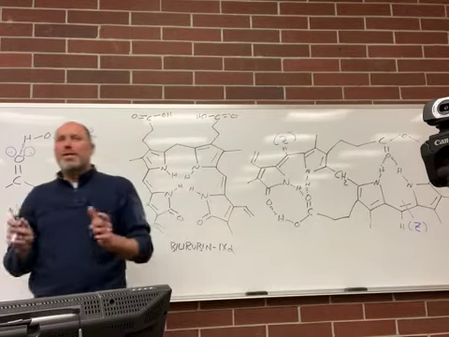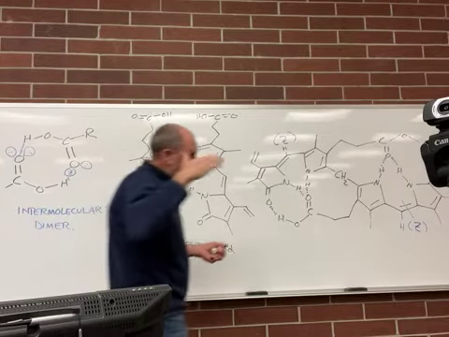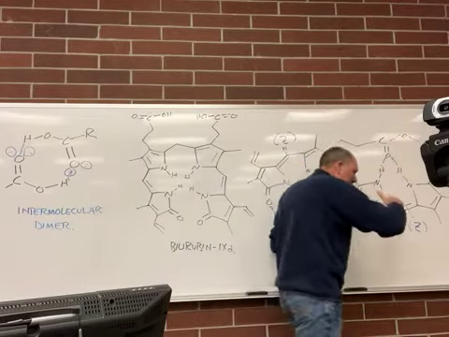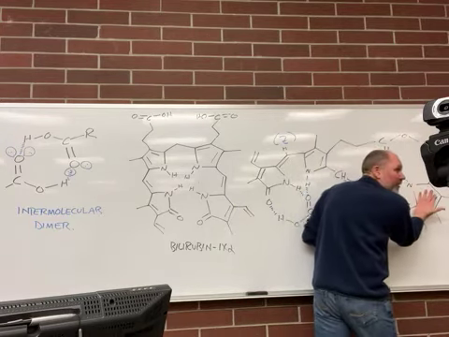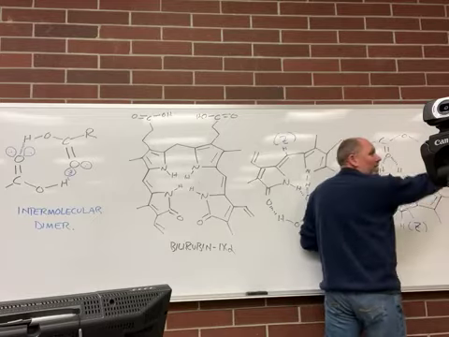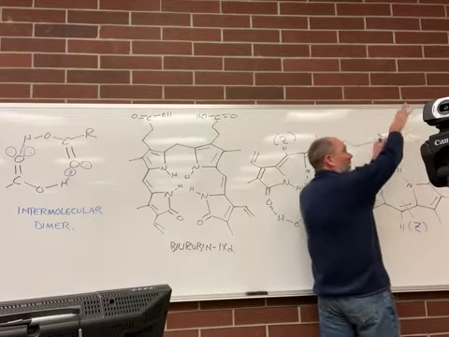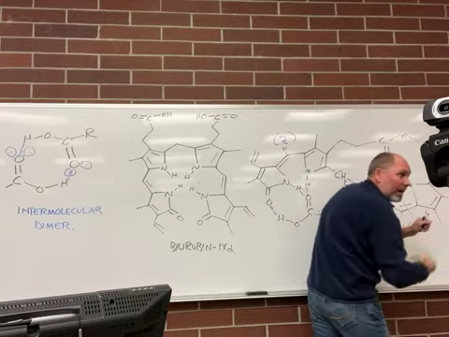Here's what's so crazy cool. Just like with cis and trans retinal in the eye, which allows photons to come in and it flips, when blue light comes in and it hits this double bond, it takes the Z and it flips it to an E, just like our eyes. And so that breaks up this hydrogen bonding, so the carboxylic acid can go find water, the lactam can go find water, and it becomes soluble.